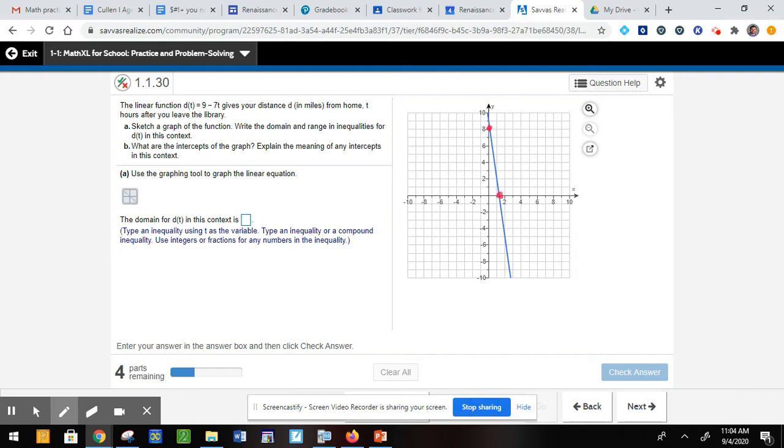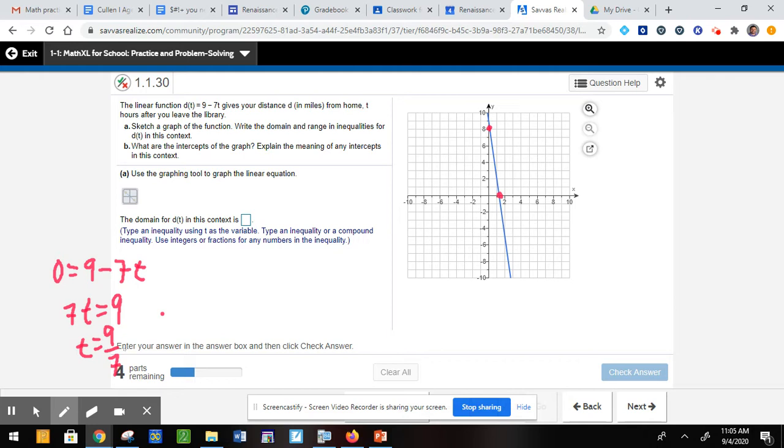That is where your d value is 0. So if I write that out, I have 0 is equal to 9 minus 7t. I need to solve that for t to figure out what is the t value of that point. I'm going to add 7t to both sides. I get 9, then I'm going to divide both sides by 7, and I get t is equal to 9/7.